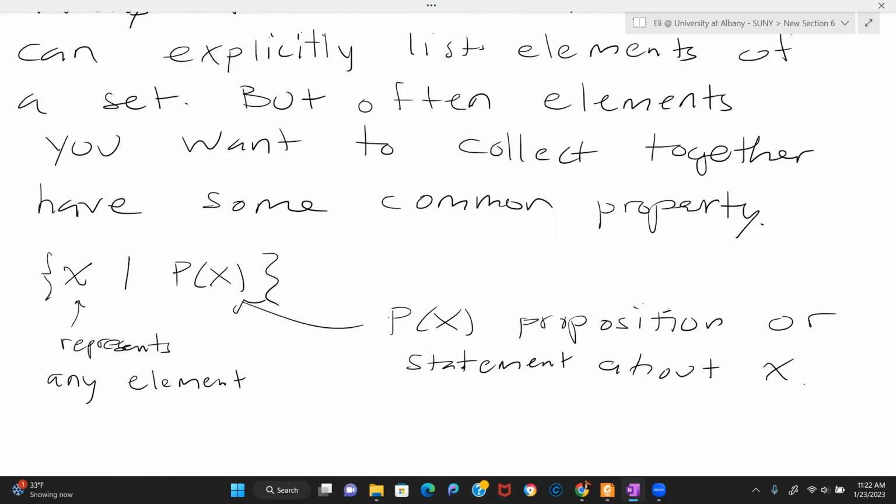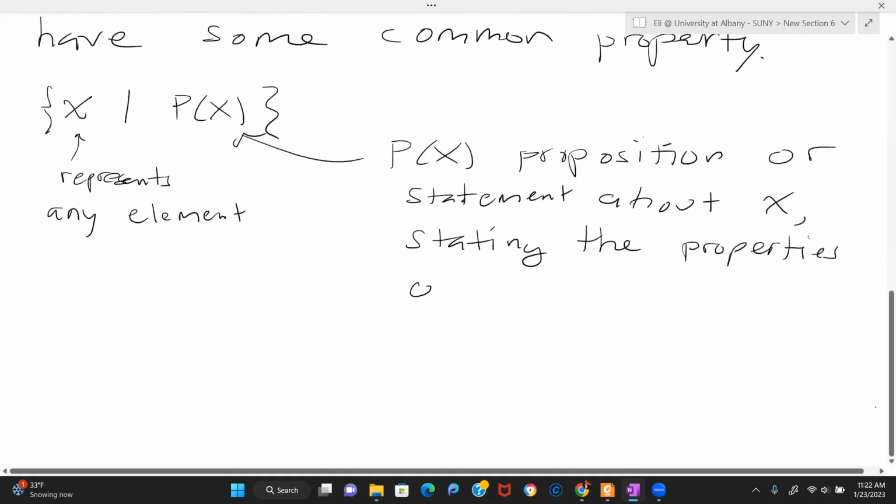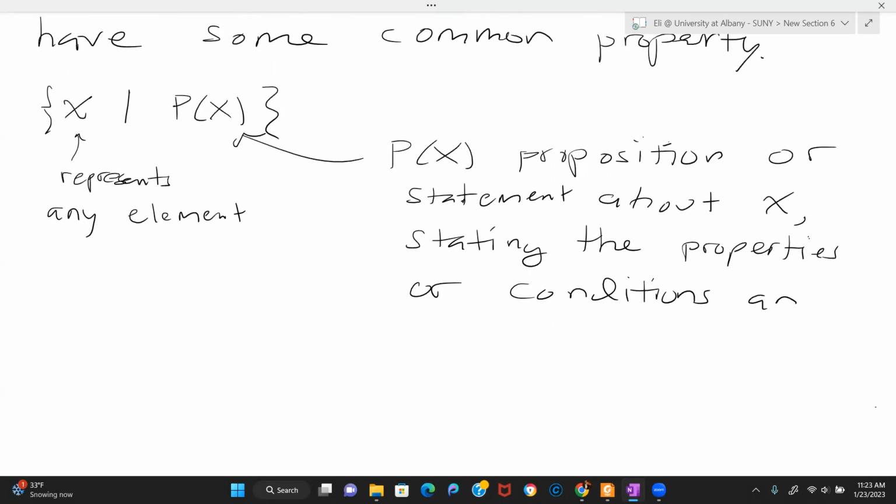It's stating the properties or conditions an object, or an element, must satisfy to belong to the set.